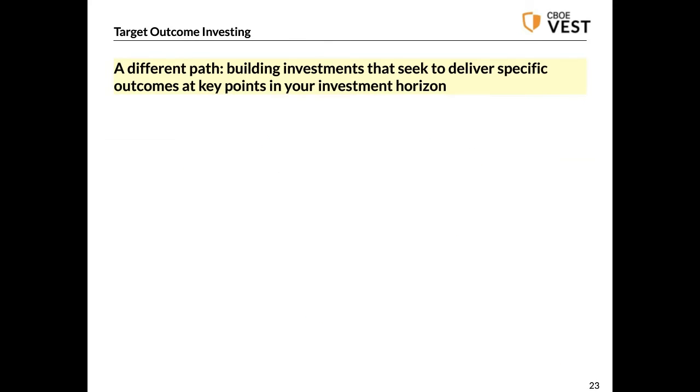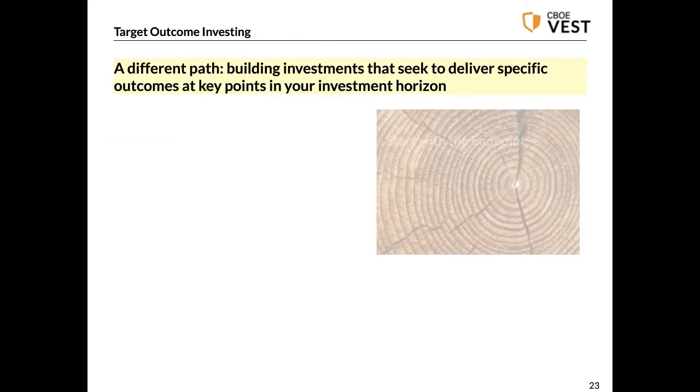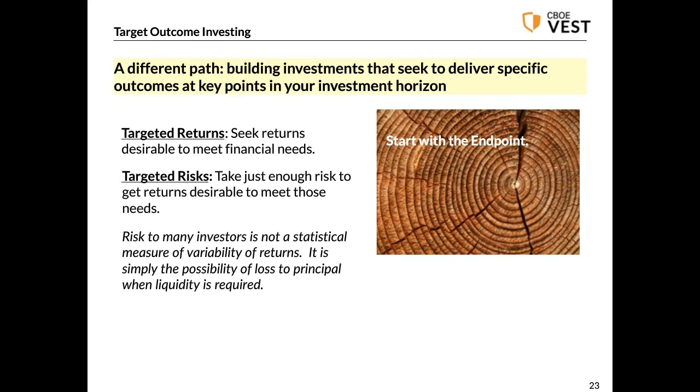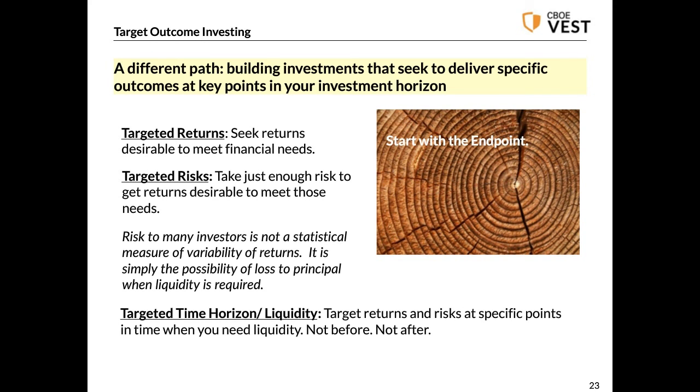And so with target outcome investing, the idea is to look at returns in the context of meeting financial needs, and also to define risk in terms of the returns that are needed to meet those needs.